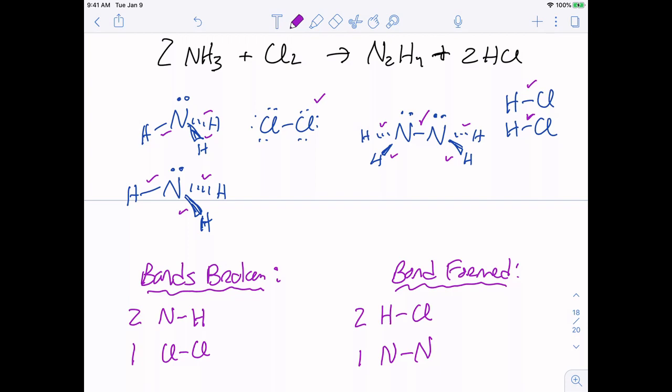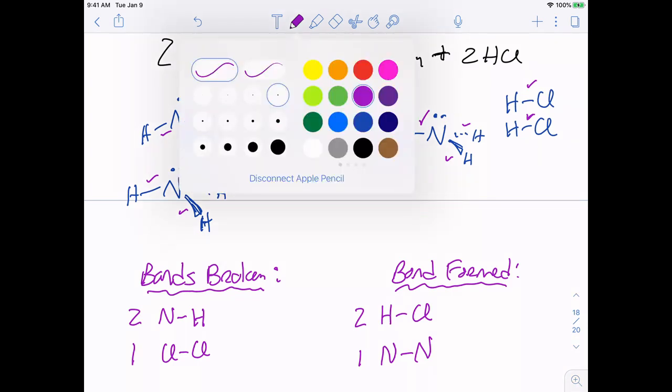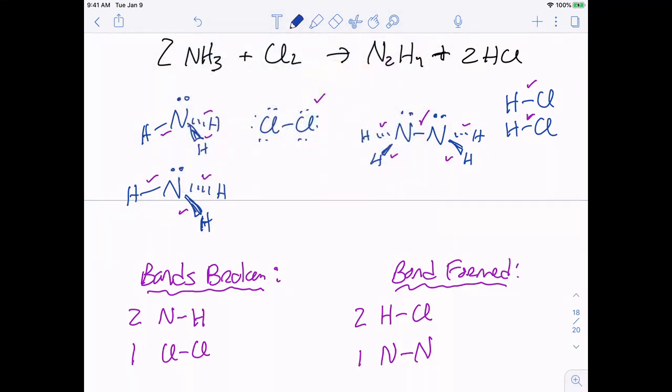So the values, and again, I would provide these values, or you would get them from a table. You would have a table of bond dissociation energies, and you would look up the amount of energy associated with a nitrogen-hydrogen bond and so on. I'm just going to give you the values. These values are for 1 of them, so I am going to need to multiply it by 2 for this one, because I'm just giving you the value for 1 NH bond.